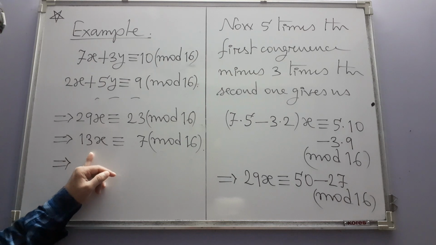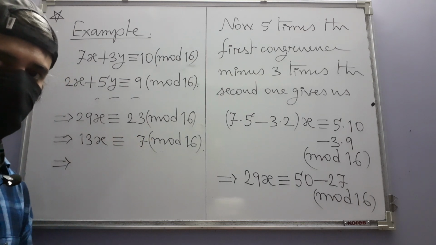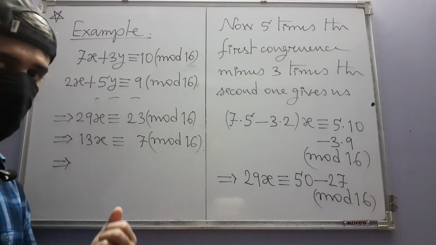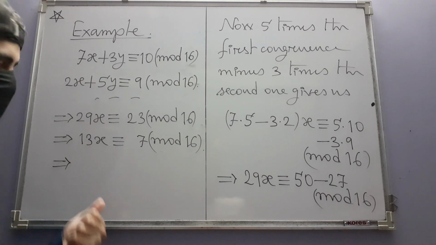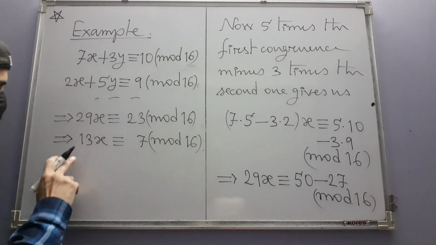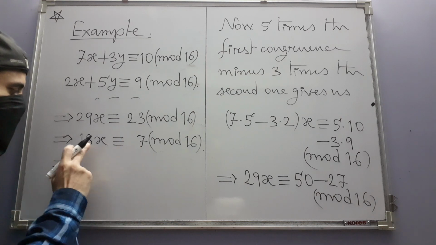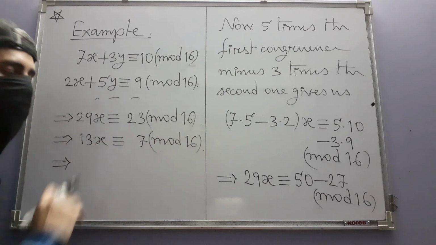Now you will have to solve this congruence, and you can go back to the theory for doing that. However, simply inspect what integer you have to use to multiply both sides so that you get something here that is congruent to 1 mod 16.